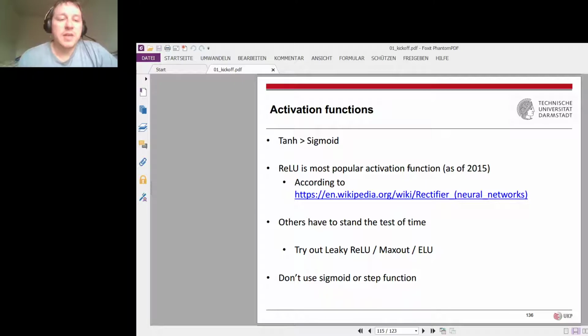Empirically, as I have said, it has been shown that tanh is better than sigmoid. The ReLU was the most popular activation function as of 2015. However, times are changing quickly, and with more modern architectures such as BERT, still other activation functions may be in use and popular at the moment.